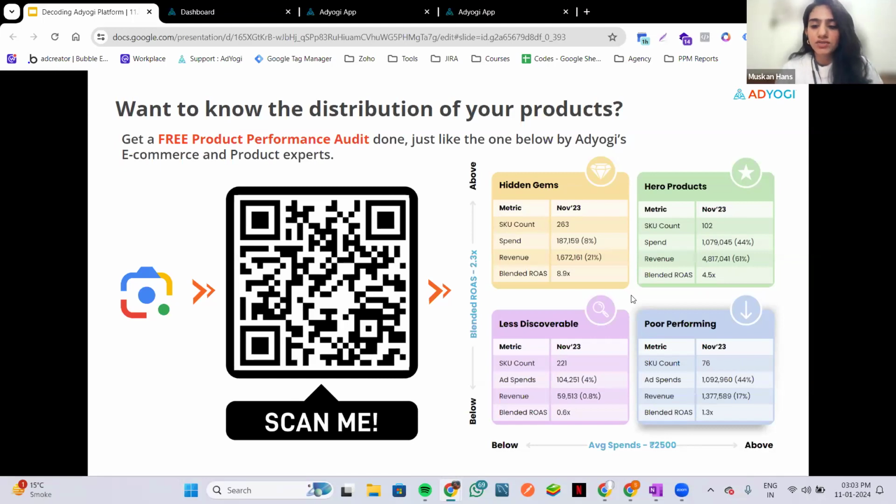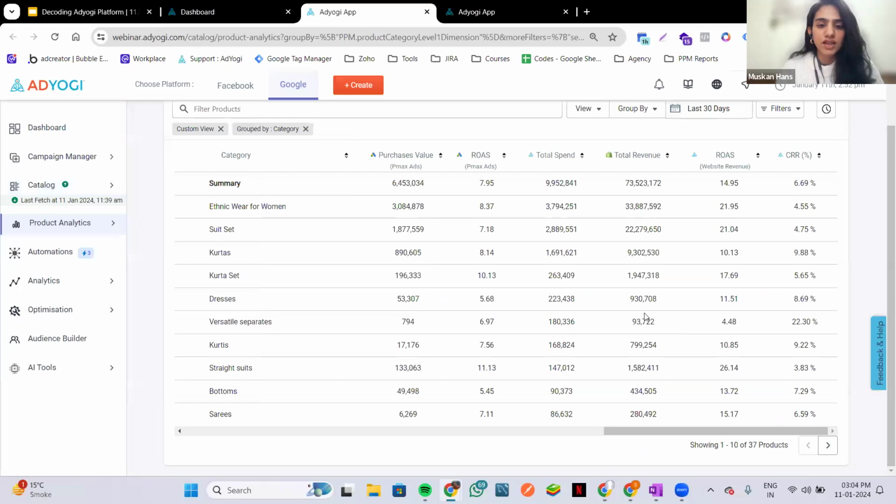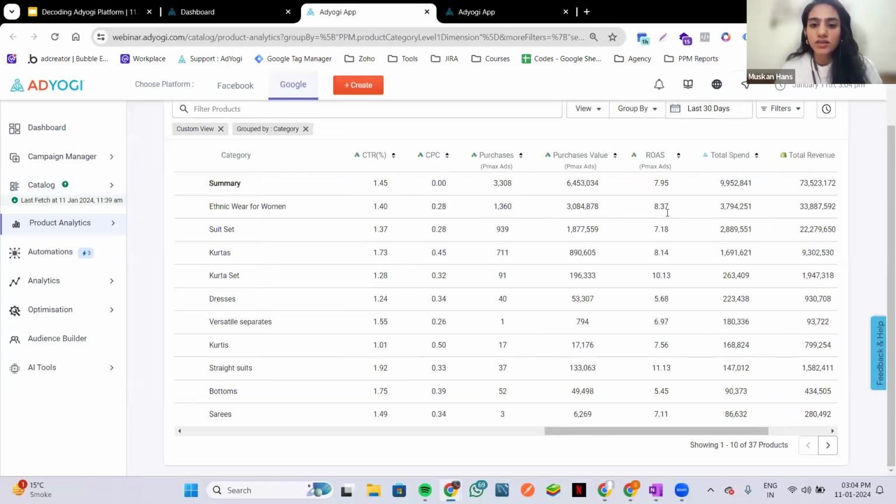And the first question that we received in the chat box was, what's the difference between ROAS from PMAX and the website ROAS? This question was posted during the product analytics view that we were seeing just 5 minutes back. So let's go to the Adyogi dashboard and see the product analytics section. All right. As the question says, what is the difference between the column called ROAS from PMAX ads?